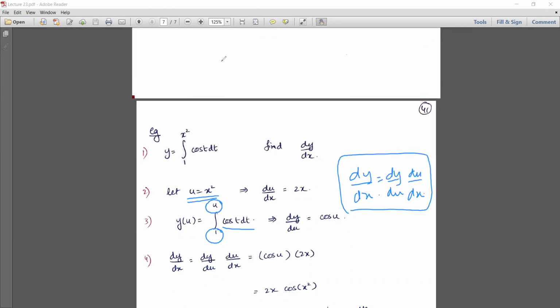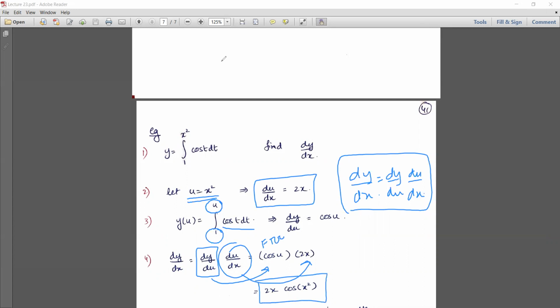Dy by dx will be dy by du times du by dx, where u is x squared. I know that du by dx is 2x. So dy by du is simply cos u by the fundamental theorem of calculus, part one, and for du by dx, we just had to differentiate x squared. So our final answer is not just cos of x squared, it's 2x cos of x squared.